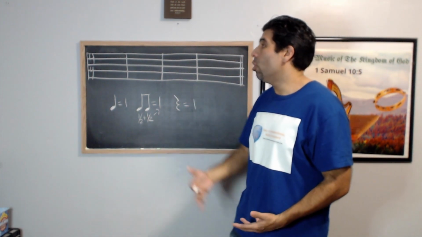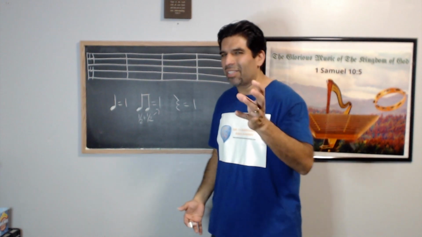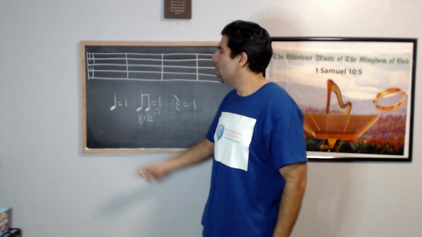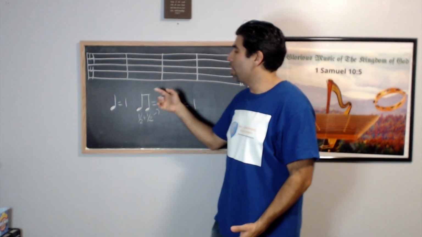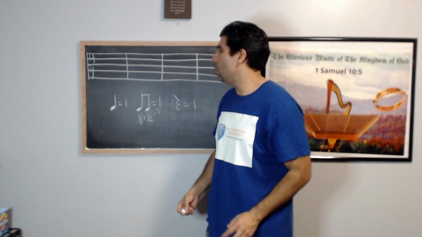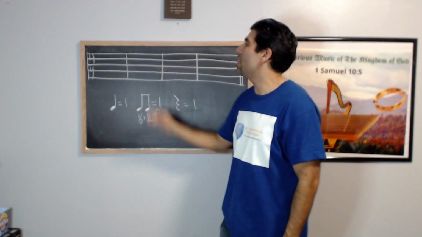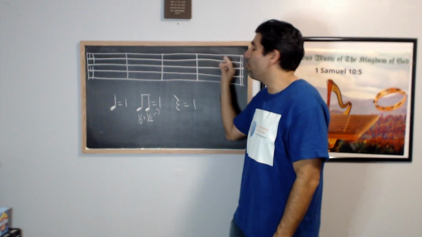Now, I want to take this time to add a little note here. Lately we've been doing our rhythm composition examples with 4 measures. But don't think that our 4/4 meter is telling us that we have to have 4 measures.